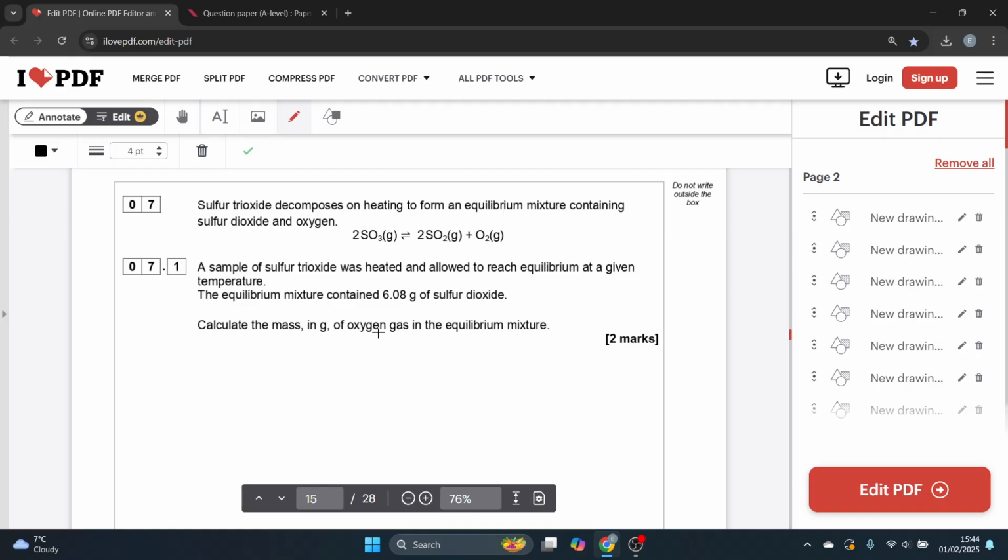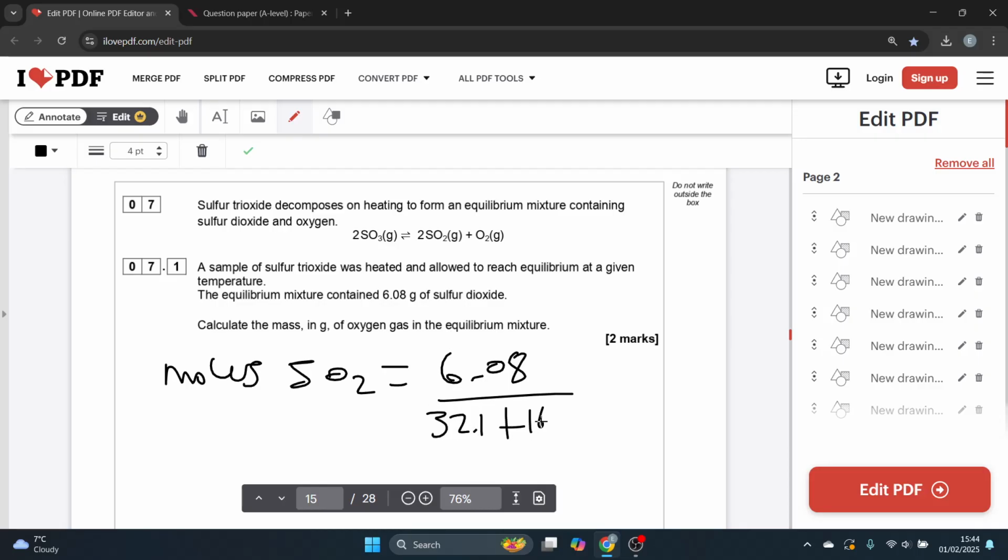Well, I don't care about the mass of sulfur dioxide; I need to find out the moles. So equilibrium moles of SO2 is 6.08 divided by the Mr of SO2, sulfur 32.1 plus 16 plus 16.